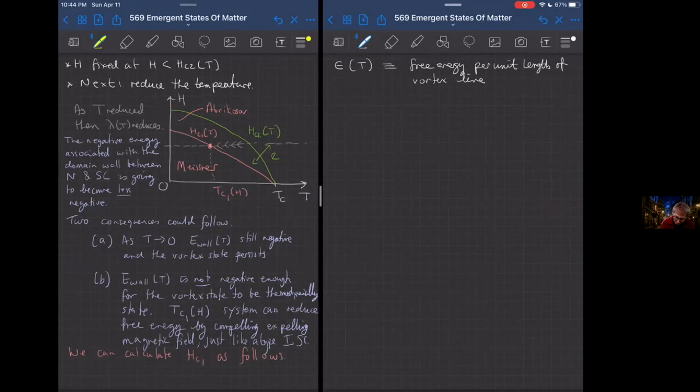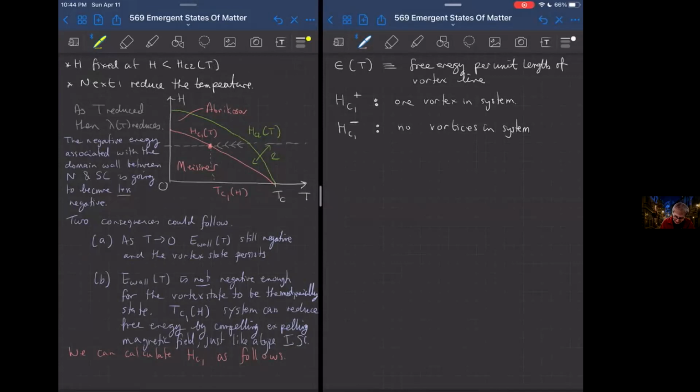So now if I'm at HC1 plus, just slightly above HC1, I'll have one vortex in the system. If I'm slightly below HC1, so let's call that HC1 minus, then there's no vortices in the system. I'm now in the Meissner phase.